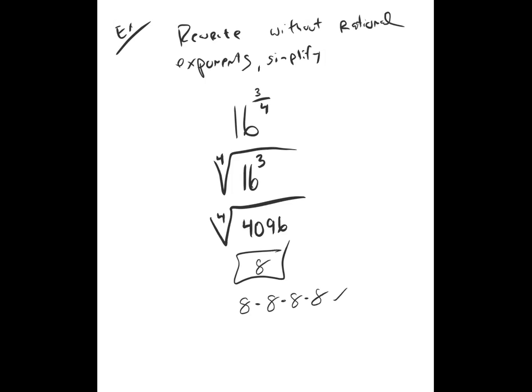Okay, moving on. What you'll also be required to know in this homework assignment are your exponent rules. All right, so in order to do some problems, you'll need to know your exponent rules.